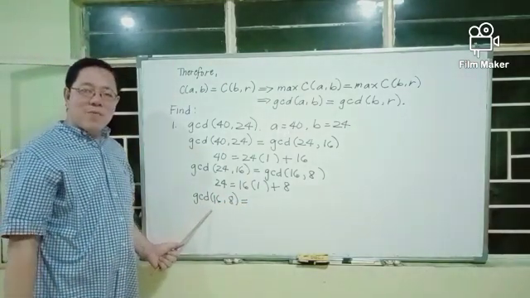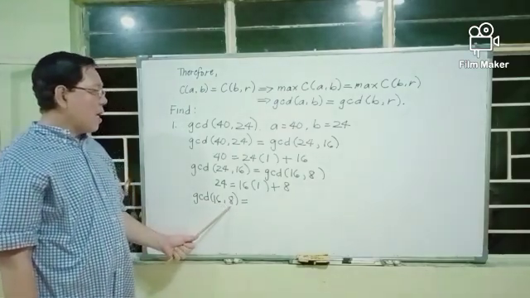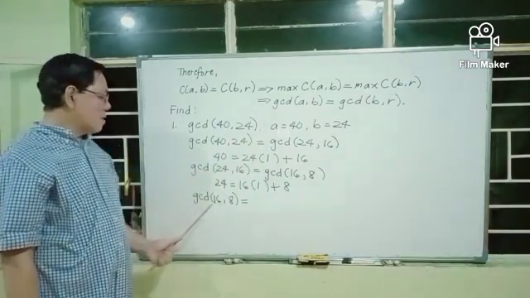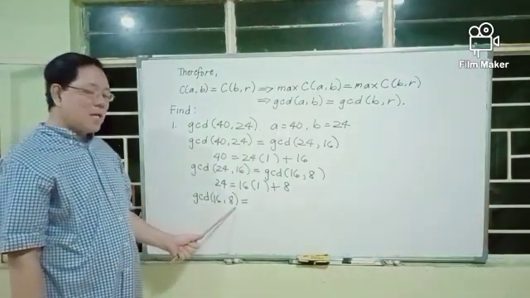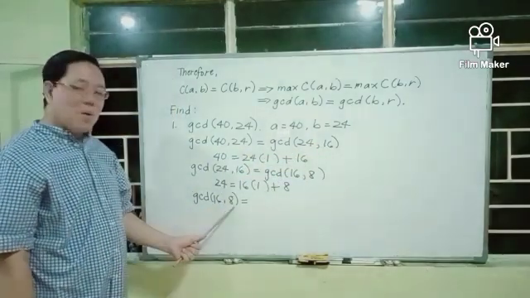For the greatest common divisor of 16 and 8, A now is 16 and 8 is your B. And by these findings, the greatest common divisor of 16 and 8 is equal to the greatest common divisor of B. B now is 8.